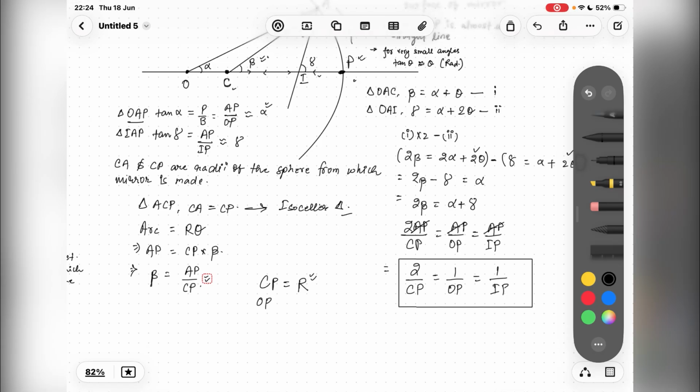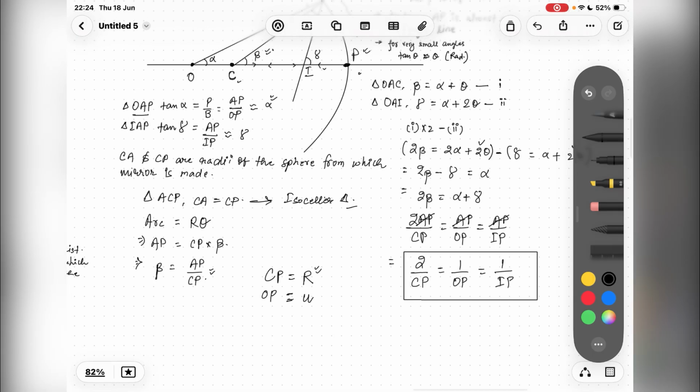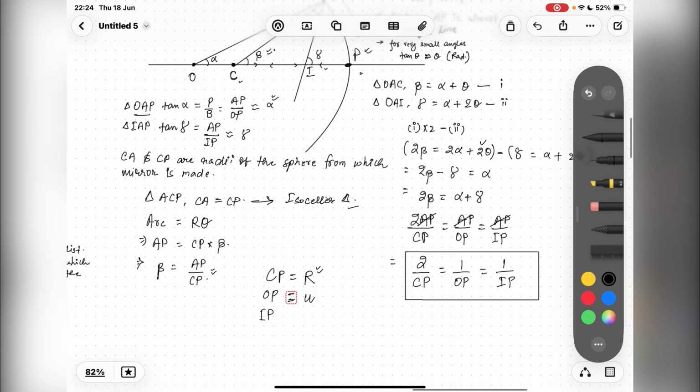What is OP? OP is the distance of object from pole, and IP is the distance of image from pole.